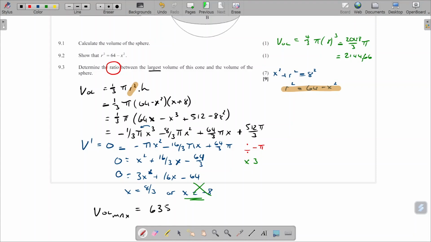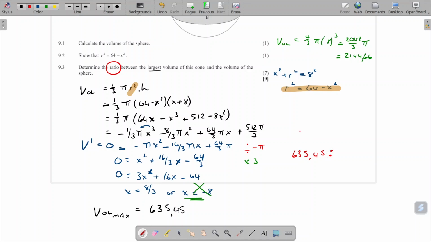Now already that would have been quite a significant sum, but again, I want to encourage you to go back and read the question. They ask us for the ratio between the largest volume and the volume of the sphere. So in this case, the answer would have been 635.45 to 2144.66.